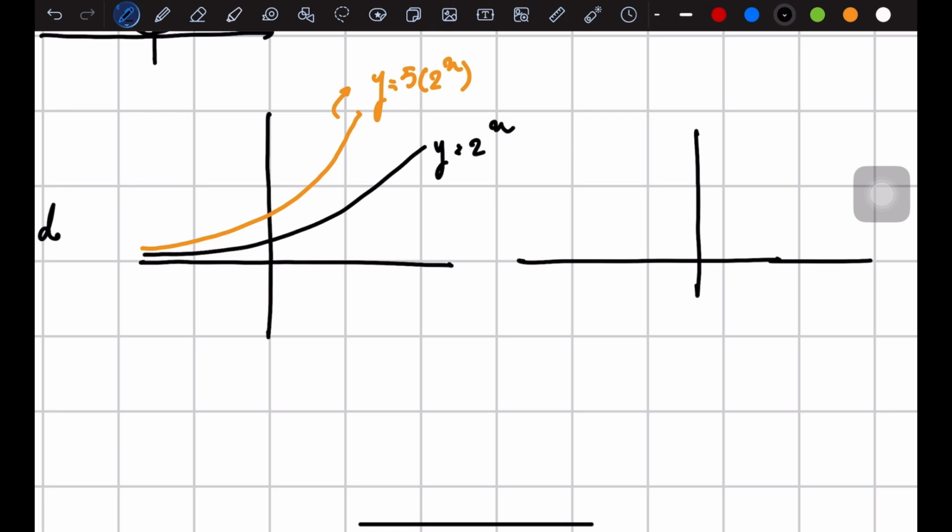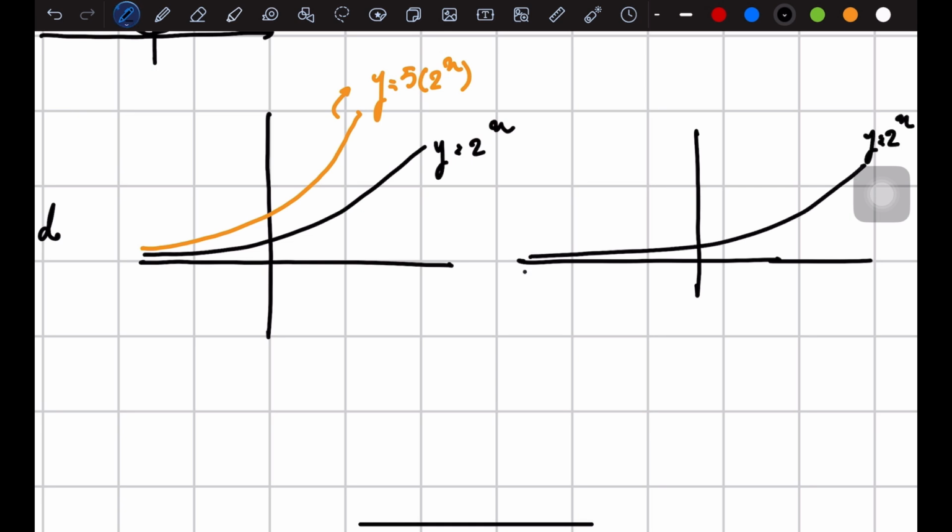And now, let's say we have the function 2 with the power of 2x. This one also will have a higher slope in comparison to y equal to 2 with the power of x.